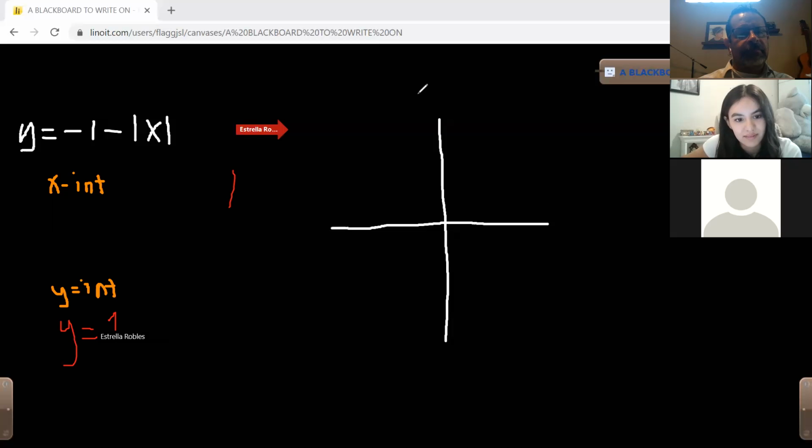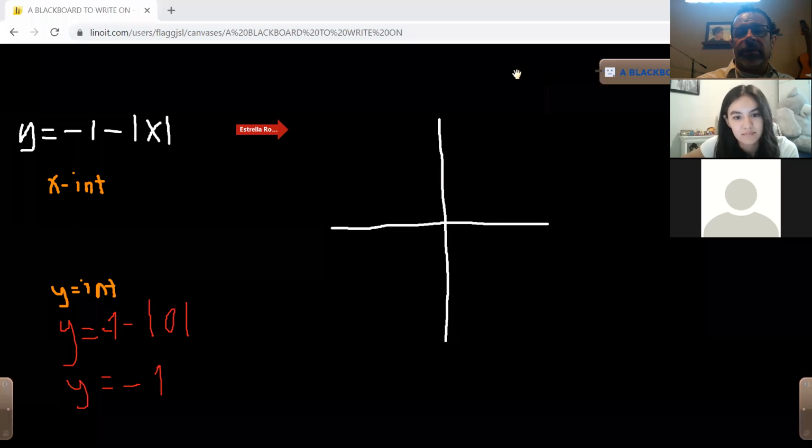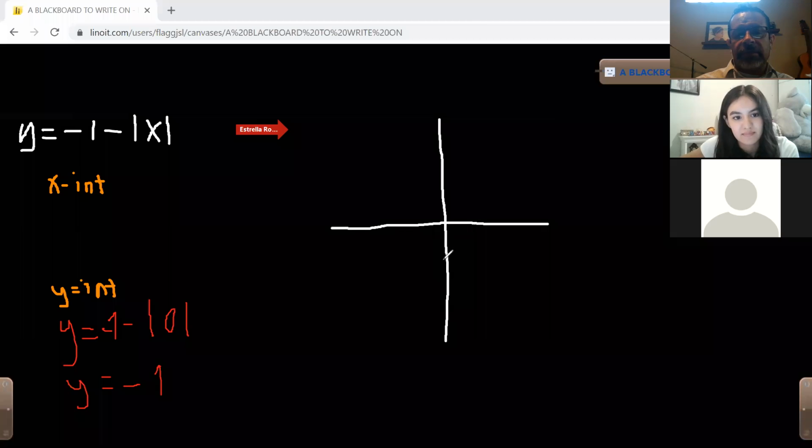Very good. Okay, perfect. So the y-intercept is -1, and I'm going to help you out here. I'm going to put it in the same color you did. The y-intercept is -1. Correct.